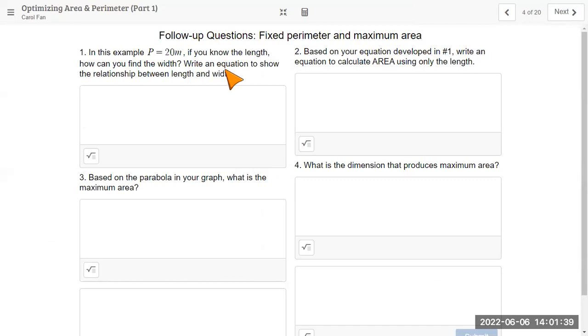So let's answer some questions about the graph that we had. In this example, we had a perimeter of 20 meters. If you know the length, then you can always find the width, because with a rectangle, perimeter is equal to length plus width plus length plus width, or I could say P is equal to 2L plus 2W.